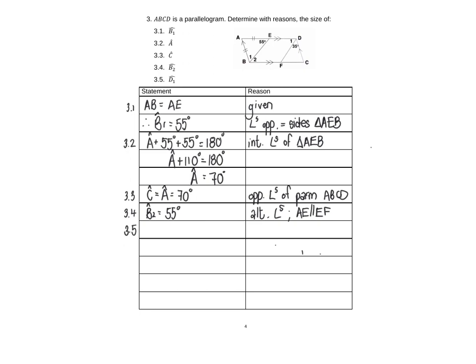Let's write a statement for that first so you can make sense of it and then substitute. B1 plus B2 together should be the same size as D1 plus the given 35-degree angle. And the reason is opposite angles of parm ABCD.